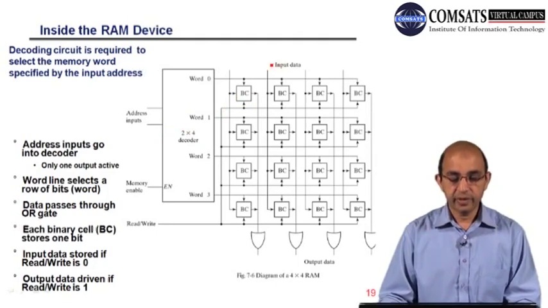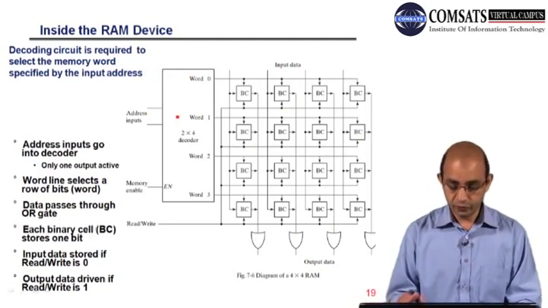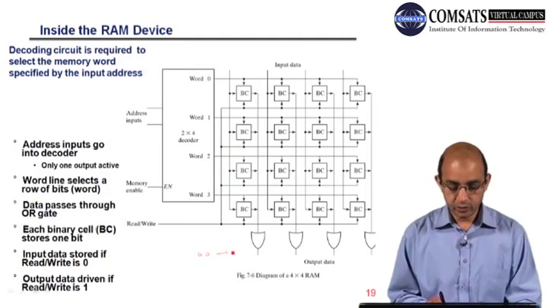This is the input data, and here we have the output data, and this decoder is a 2x4 decoder. If we have to address 4 different locations, how many bits do I need? 0 0, location 0 will be selected, 0 1, location 1 will be selected, 1 0, location 2 will be selected, and 1 1, location 3 will be selected, right?